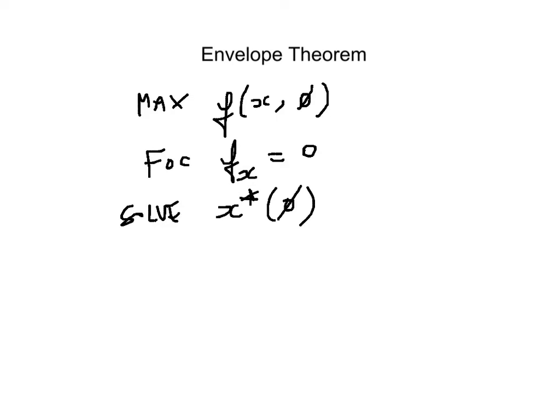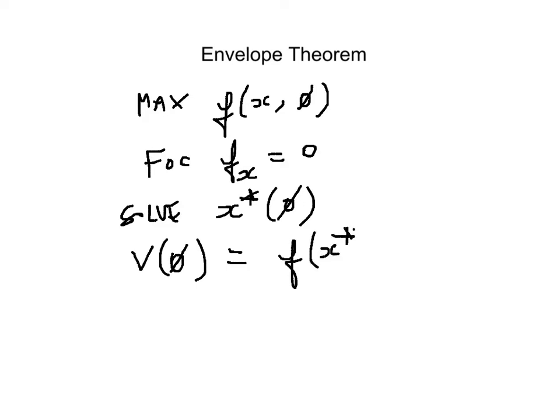Now if we take the solution x star to the maximization problem and we substitute this value into the objective function, we get what's called a value function, v. And v is only a function of phi, right? So the value function is the underlying objective function which has been maximized.